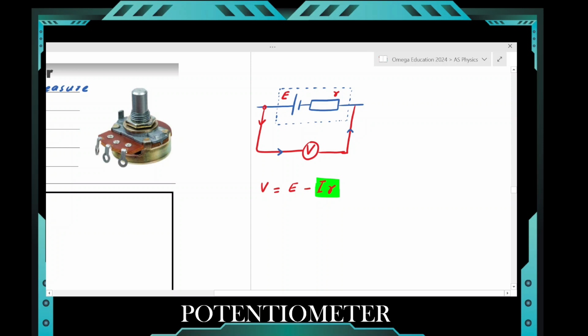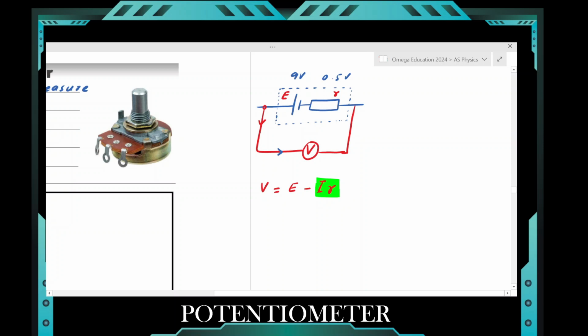So that reading would be the terminal voltage, and let's say the EMF were 9 volts. There must be some drop in the internal resistance as well, so let's say 0.5 volts.